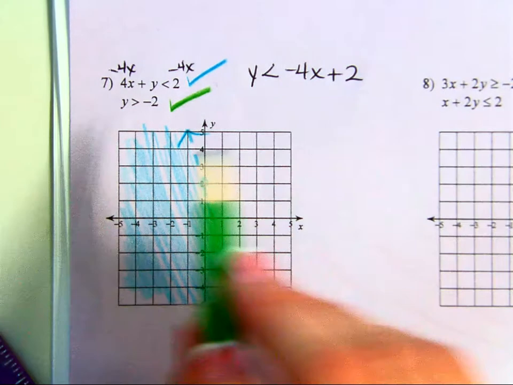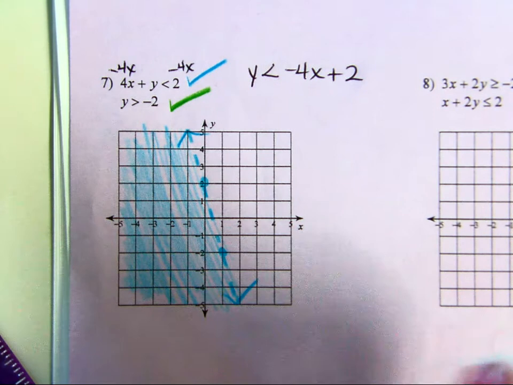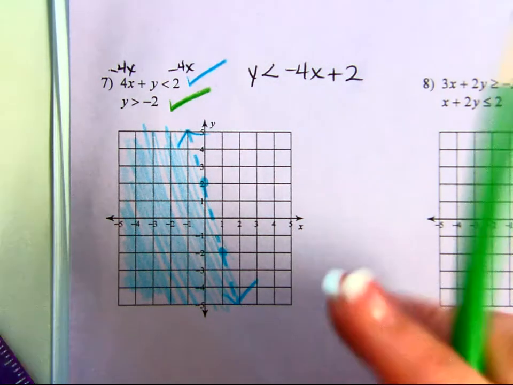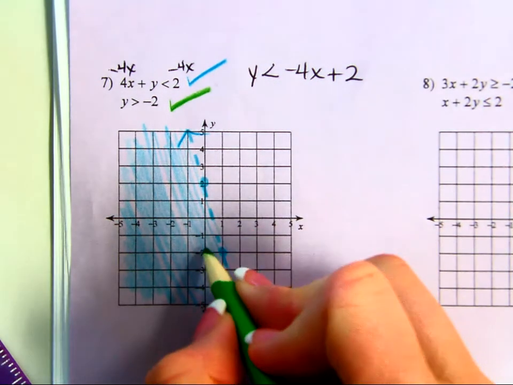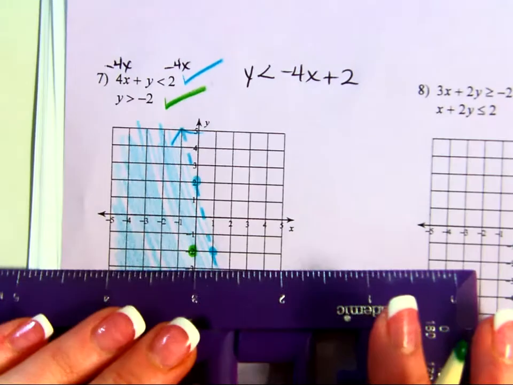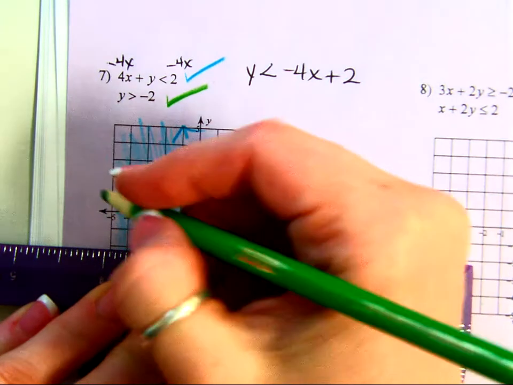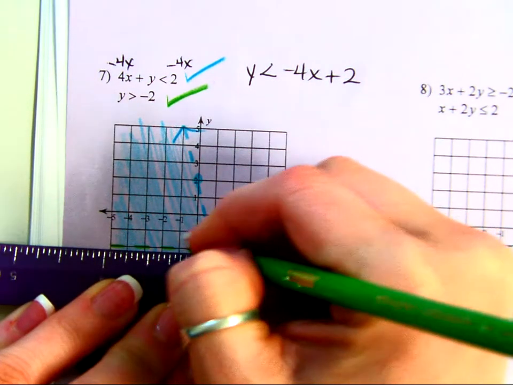You are not going to be able to escape vertical and horizontal lines, so you just have to get them in your head. So I'm going to go to the y-axis at -2, and it's a horizontal line because it's the only line that gives you every single y value is -2. This is also dotted.